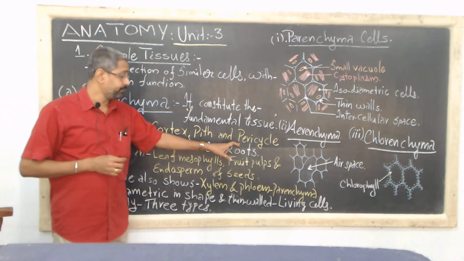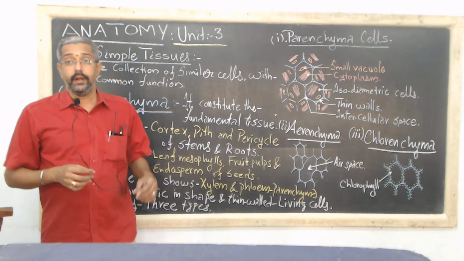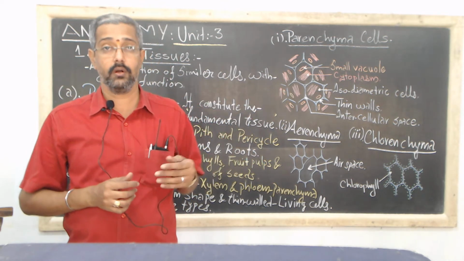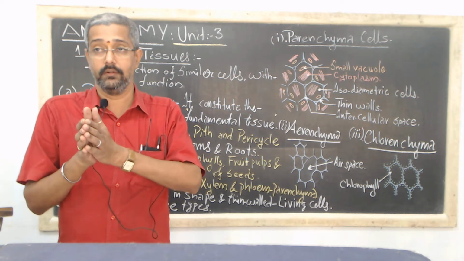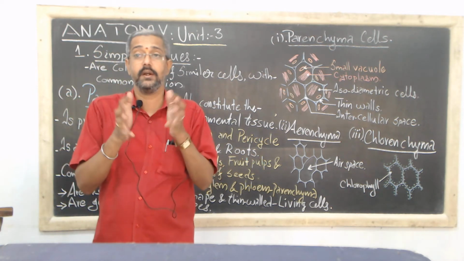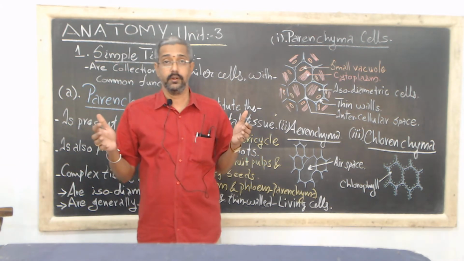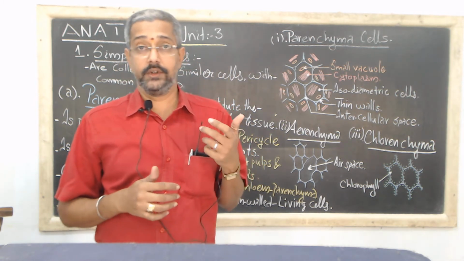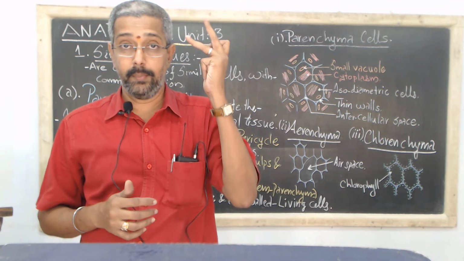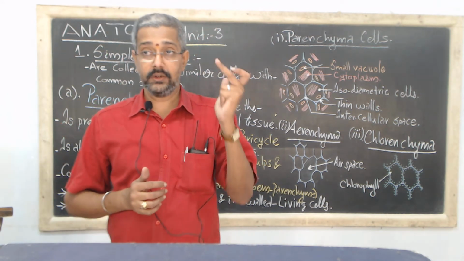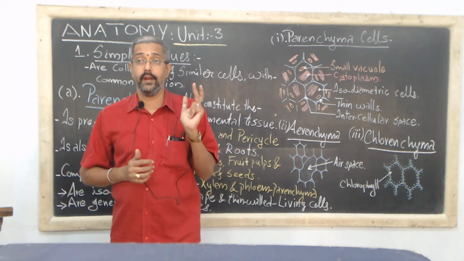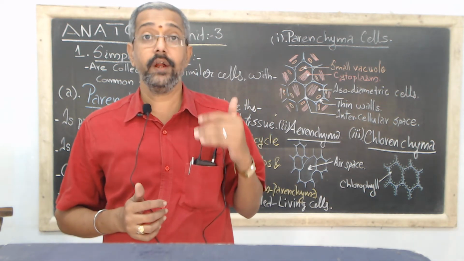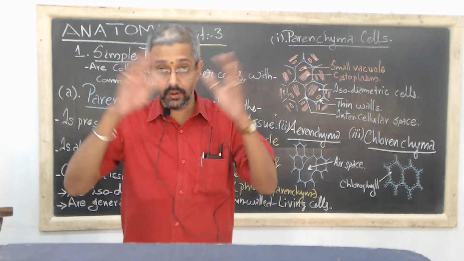Similarly, in a stem there are two regions: the central cylinder and the outer region. The outer region constitutes the epidermal tissue system, the cortical tissue system and the endodermis, the innermost layer of the outer zone.